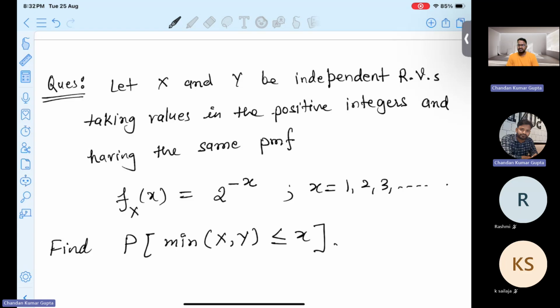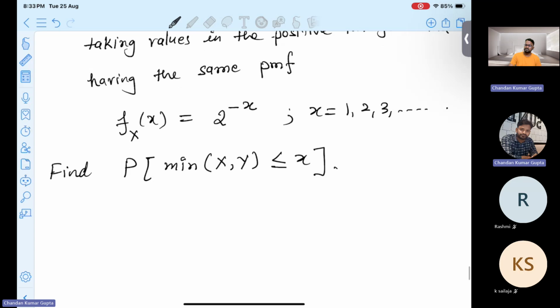The PMF is defined as 2 to the power minus x, for x taking any value 1, 2, 3, and so on. Now we need to find the probability that the minimum of x and y is less than or equal to x. Okay, so let's solve this question.